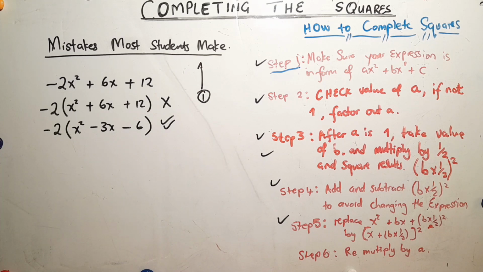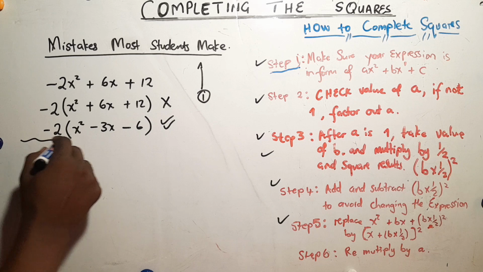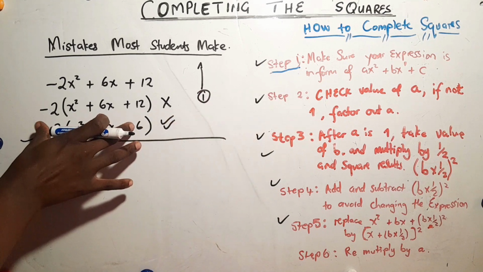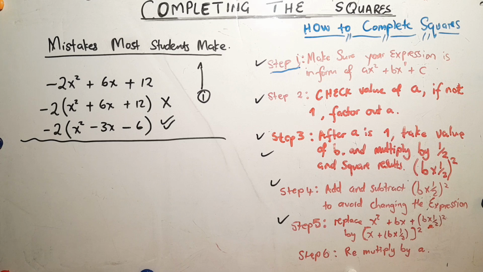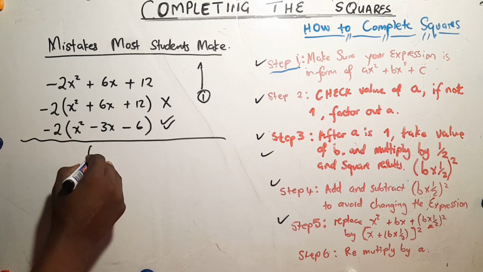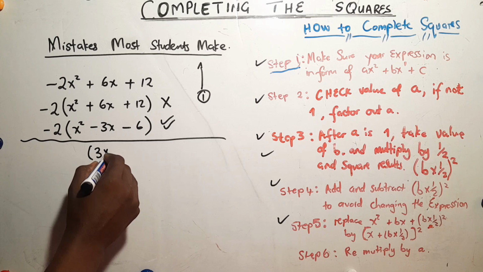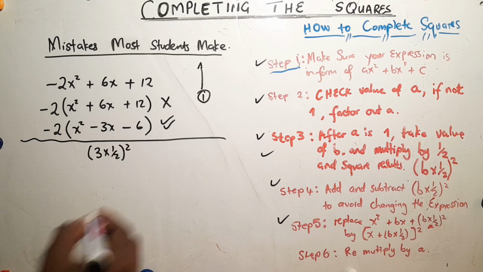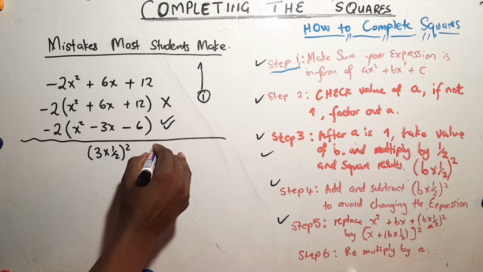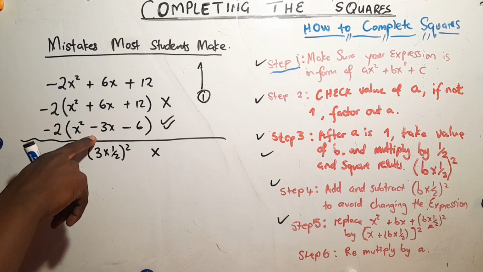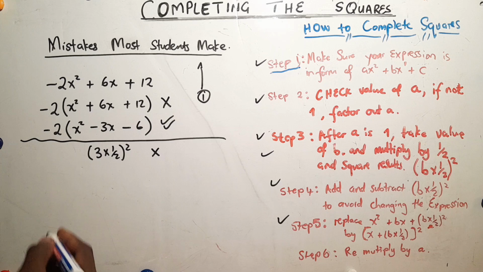And the other mistake students make is this one. Now we have dealt with this first part. Now we have to take the value of b. Sometimes when students are taking the value of b, you find something like this. So this is a mistake, and I don't want you to do that, because the value of b is not 3, but rather negative 3.